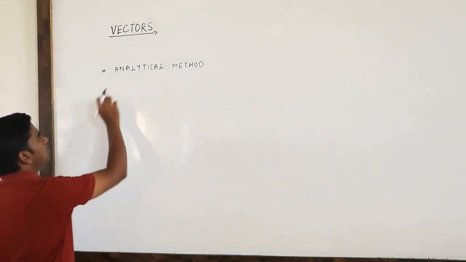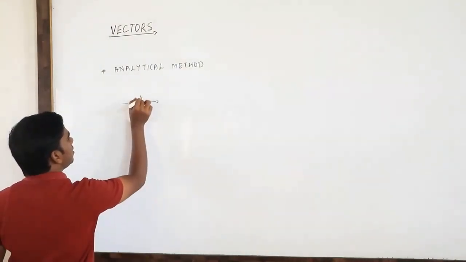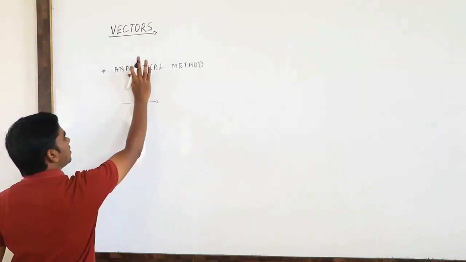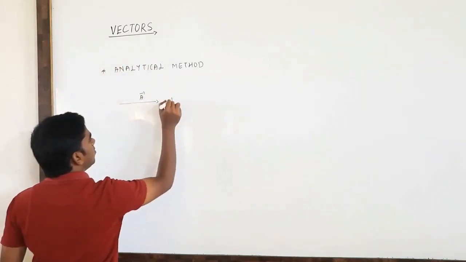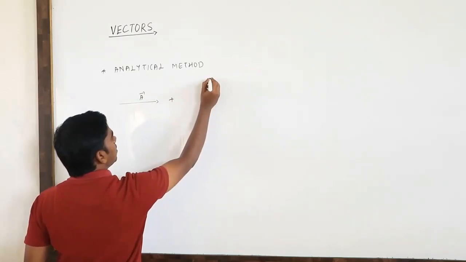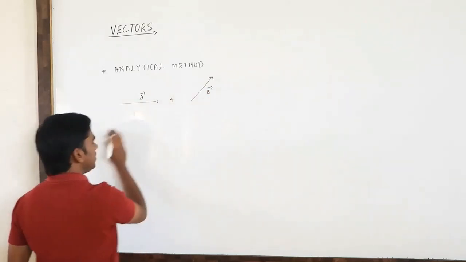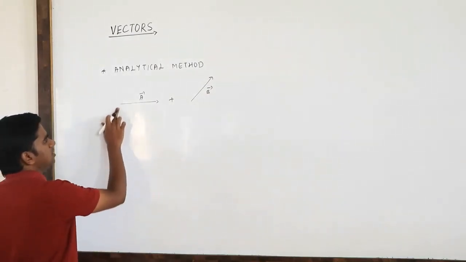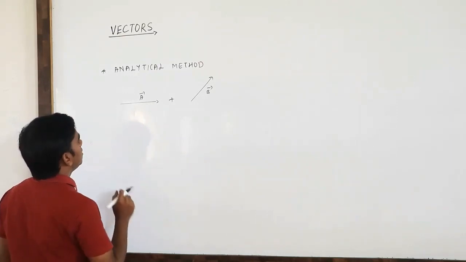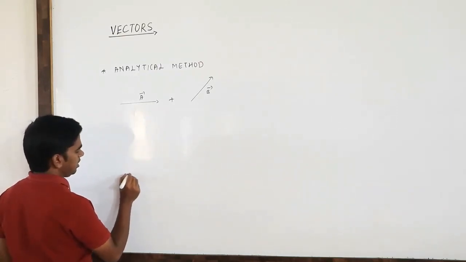With the help of the analytical method, suppose we have vector a over here, going in some direction, and take this as vector b. See properly. This is vector a, I will draw it here.